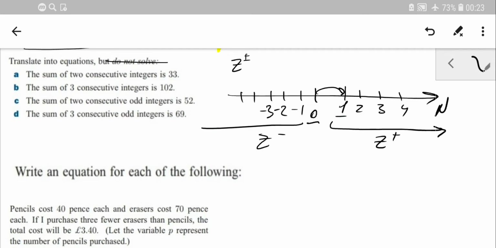All right, so we have the sum of two consecutive integers, that is 33. So this problem might be approached like, you're taking 33 and trying to divide into equal parts. So you've got like 15 something, maybe 16 something.